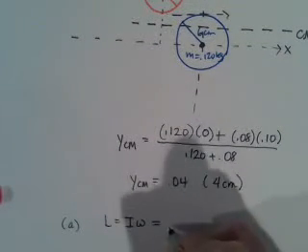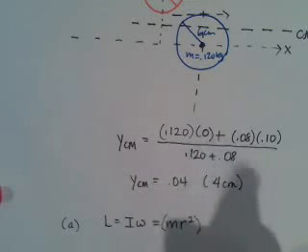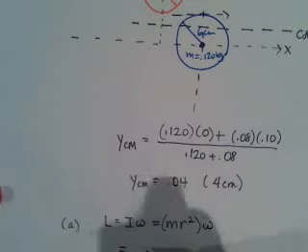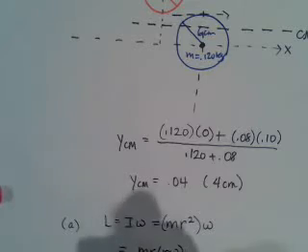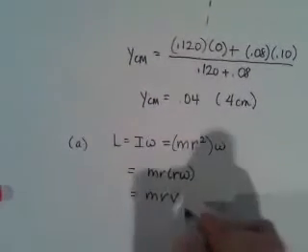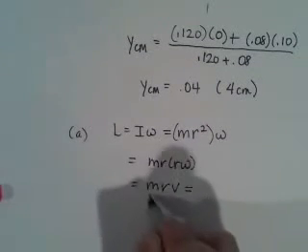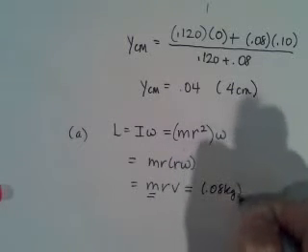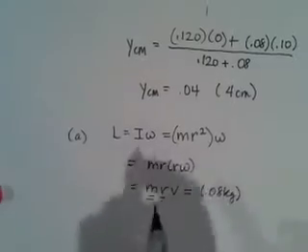As a point mass, that inertia would be mr squared times omega, which would be mr times r omega, which is mrv. And so I can get the angular momentum of this puck from about the center of mass by the mass of the puck, which is 0.08 kilograms, times r, which is the distance from the center of mass that this guy is moving.